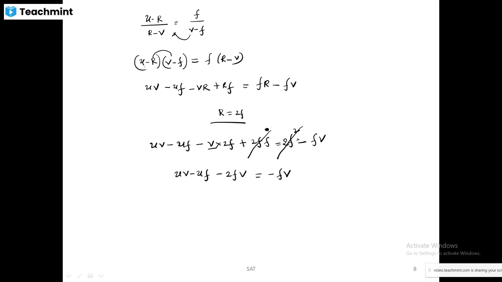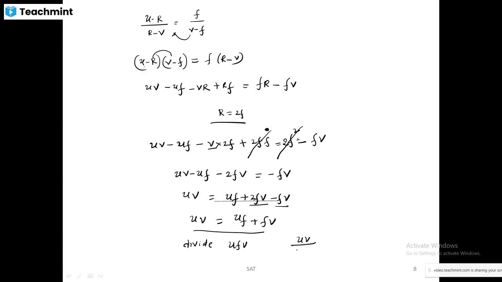Next, you bring this to this side, so the total is minus values. UV is equal to UF plus 2FV minus FV, so UV is equal to UF plus FV, and this is the equation. Just divide both sides by UFV.